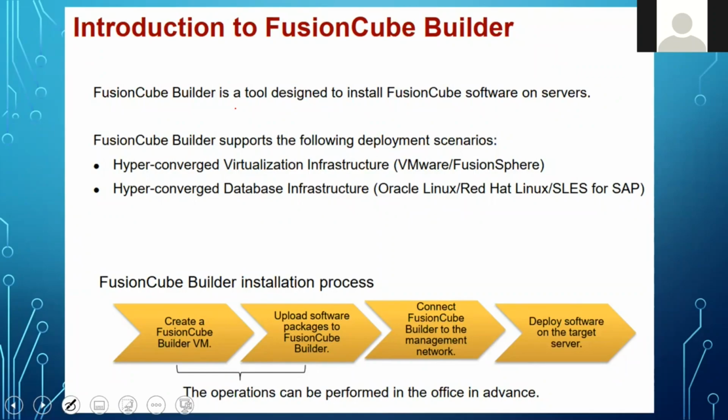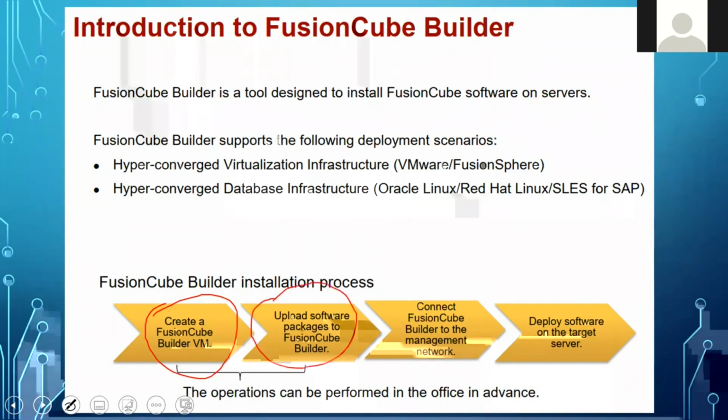If you want to install it by yourself, you need FusionCube Builder. FusionCube Builder you can download as a VM. It is available on the Huawei website. This is the FusionCube Builder VM, and then there are some packages, like Fusion Storage, CNA, and all the other stuff, which have to be uploaded to this FusionCube Builder VM.